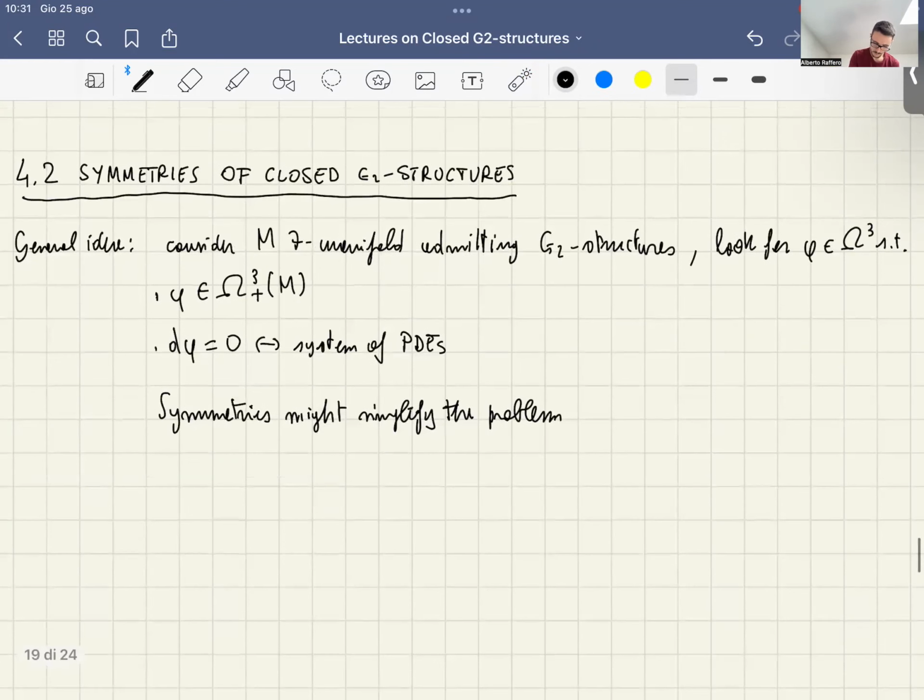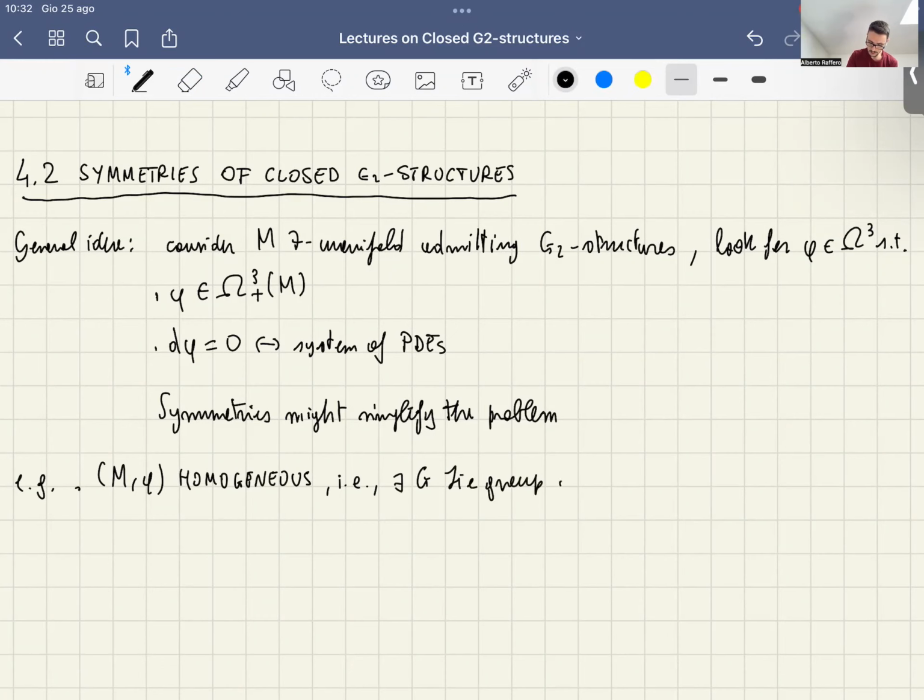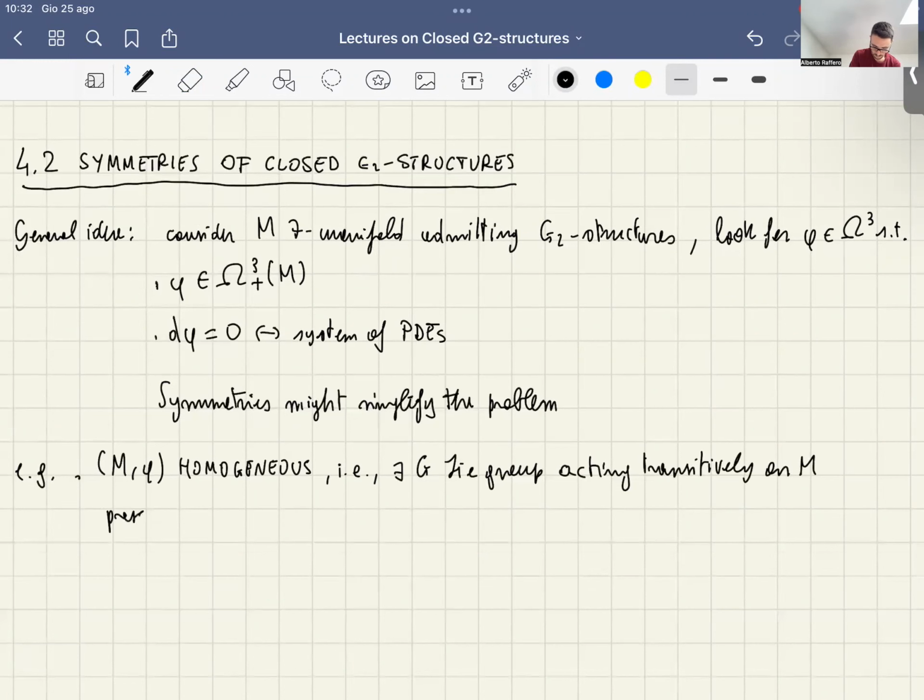For instance, you may ask your manifold, with the G2 structure, to be homogeneous. This means that there exists a Lie group G that acts transitively on N, preserving the 3-form phi.